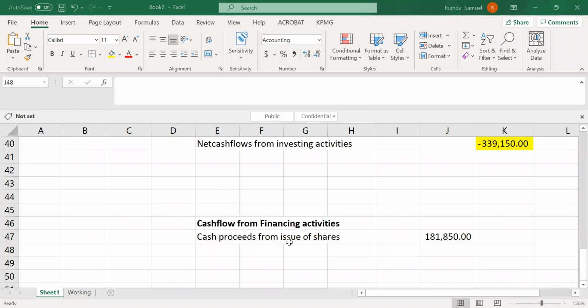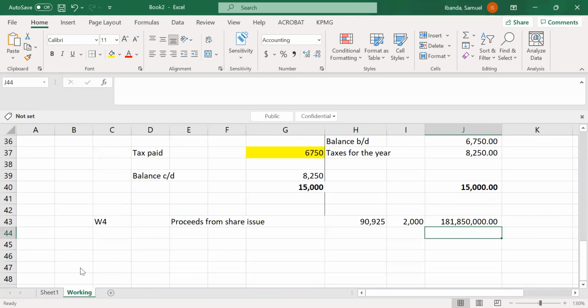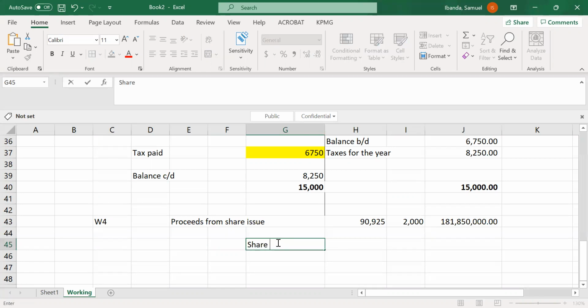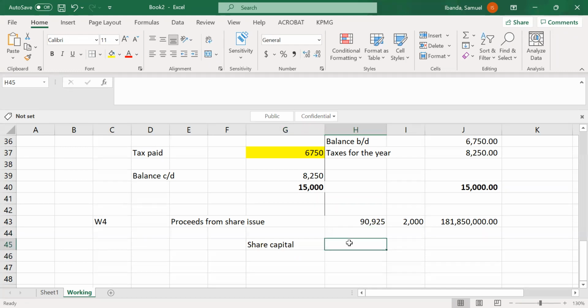Just so you know the dynamics of what belongs to share premium and share capital, let me comment on this, because you might need this information somewhere. For share capital, I take the number of shares, 90,925, but I don't multiply by 2,000, because 2,000 was the proceeds.